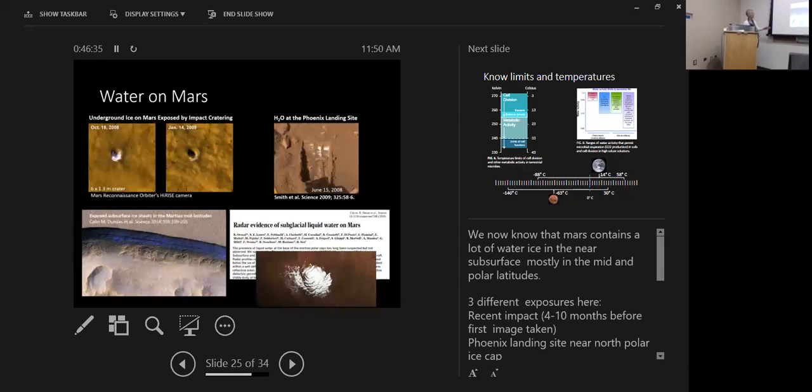More recently, we've got this, this is a cliff face right here, an exposed cliff. And we can see that all this blue is showing exposed subsurface ice sheets pretty close to the surface on Mars as well. That blue coloring has been added to highlight the ice sheets. I think it does look slightly a little bit blue, but it's certainly not that blue in reality. And these are in the mid-latitudes again, so we can see these on Mars as well.